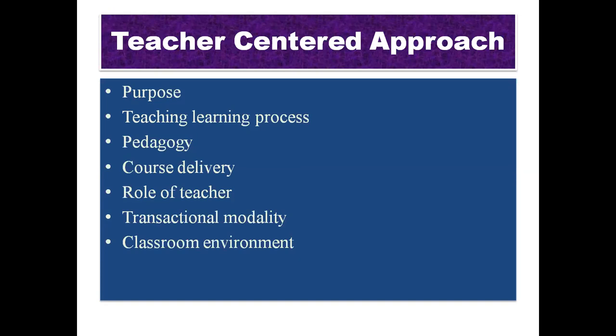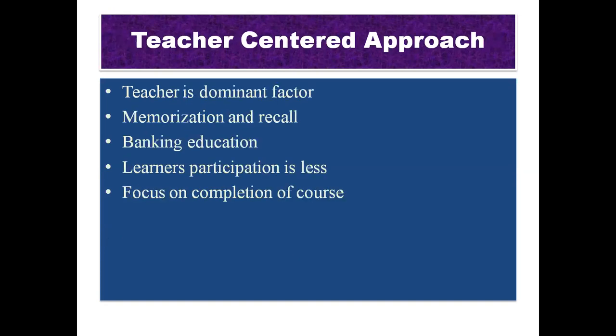Then classroom environment: sometimes it is democratic, but sometimes the control of the classroom is in the teacher's hand. One of the most important characteristics is that the teacher is a dominant factor. Why is the teacher a dominant factor?